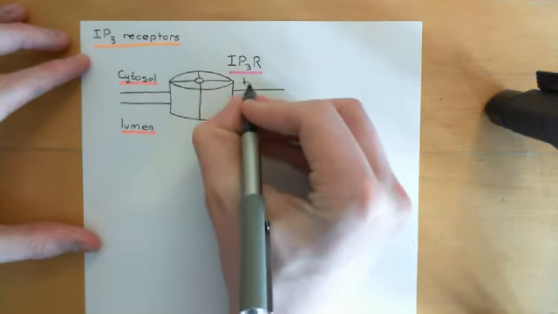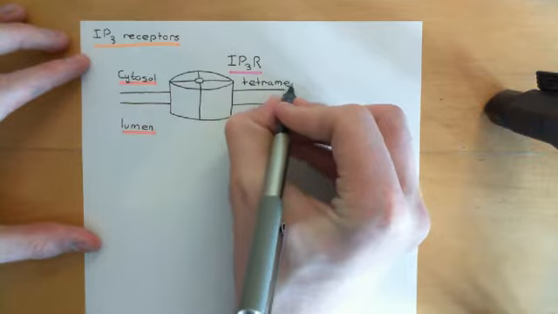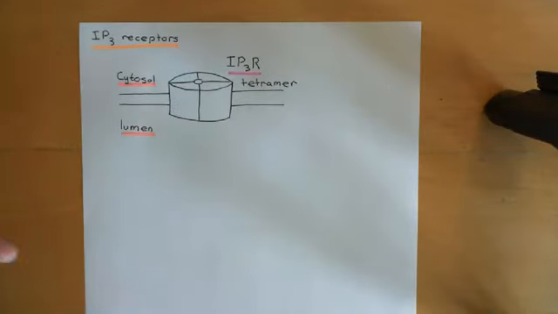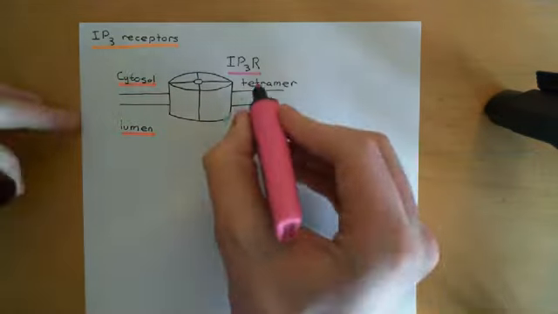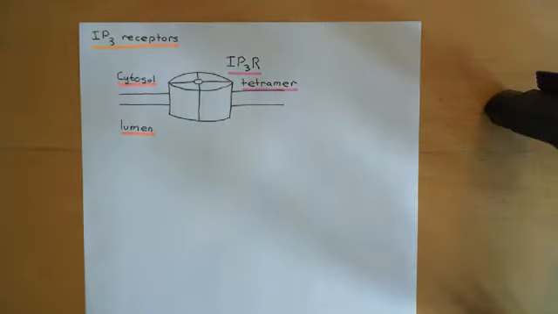So basically, the IP3 receptor is a tetramer. And this isn't controversial. We saw that the CRAC channel being a tetramer was controversial, but the IP3 receptor being a tetramer is broadly accepted.